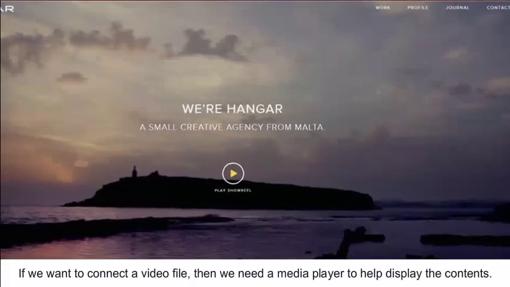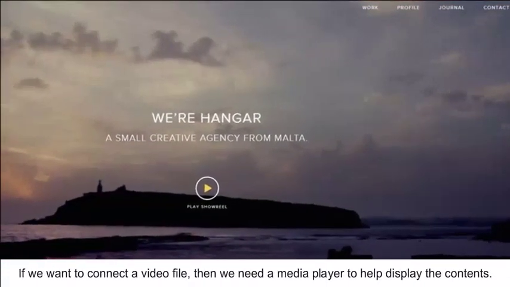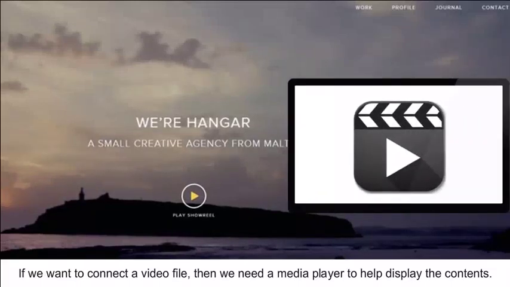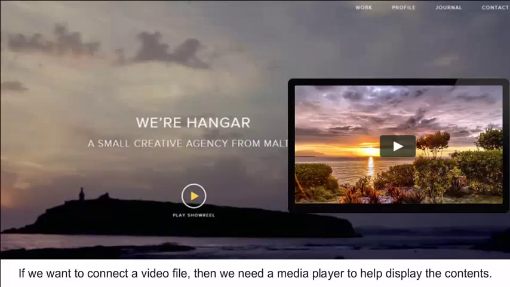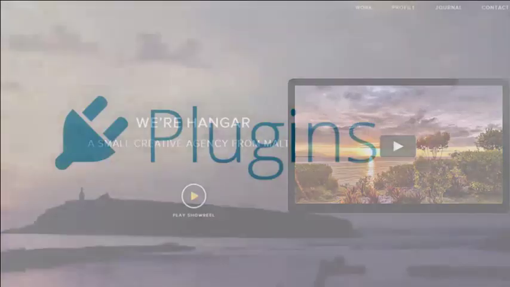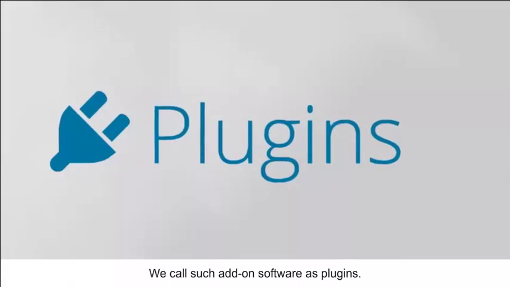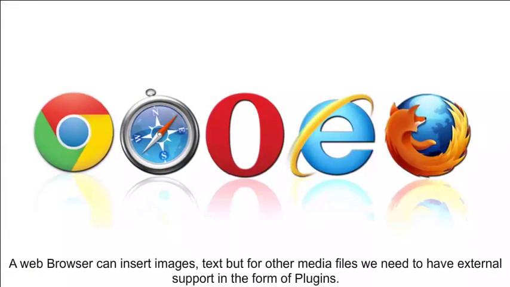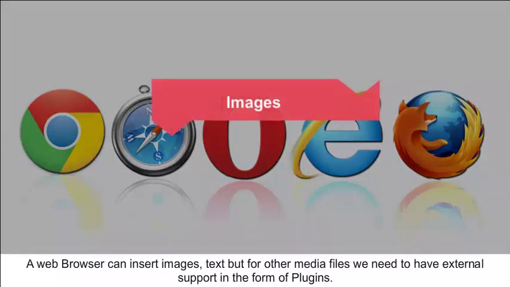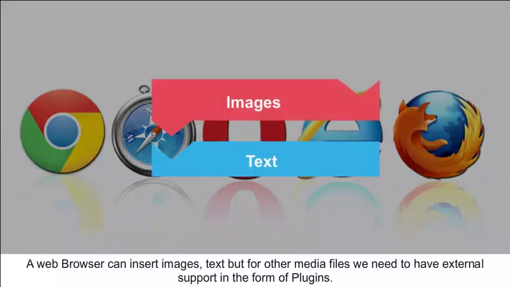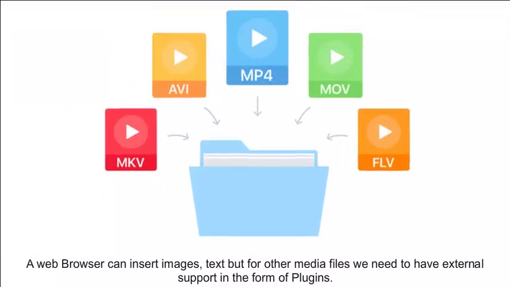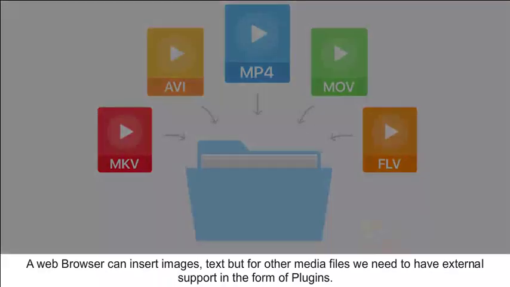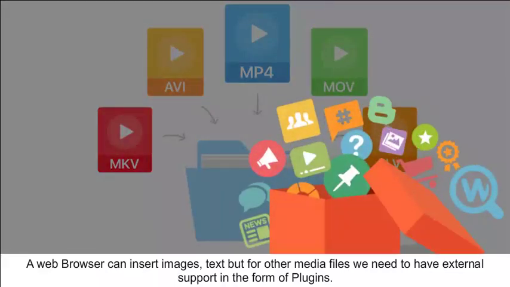If we want to connect a video file, then we need a media player to help display the contents. We call such add-on software plugins. A web browser can insert images and text, but for other media files, we need external support in the form of plugins.